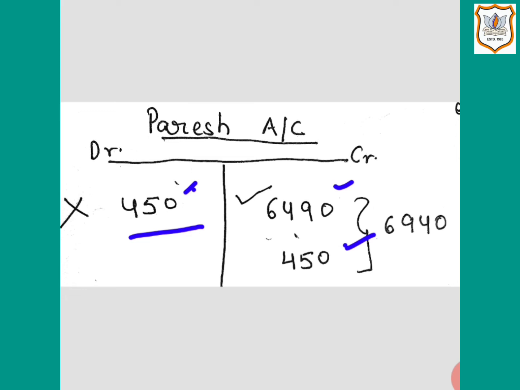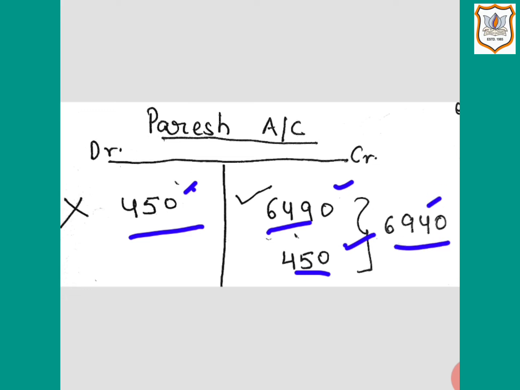So the rectification entry will become rupees 6,490 plus rupees 450, that is total 6,940 will be credited to Paresh account.